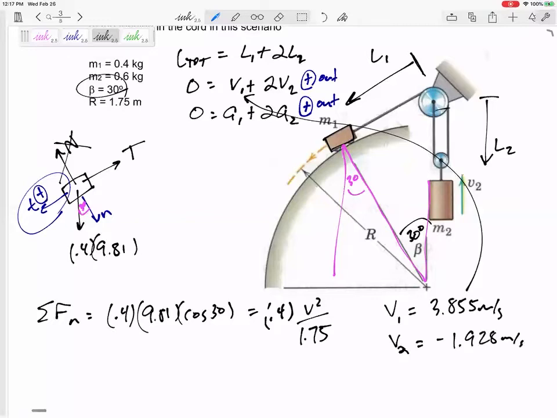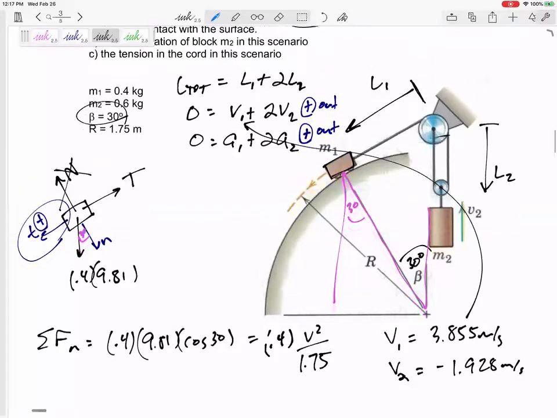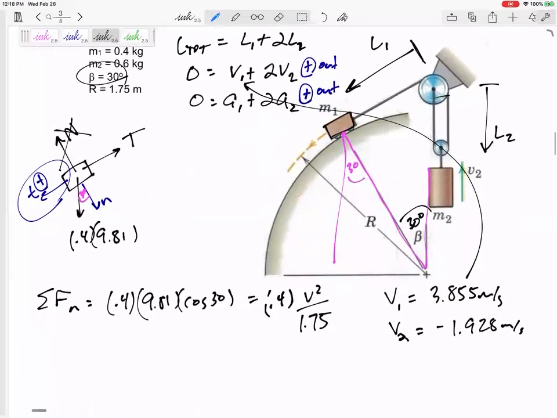What does that negative mean? It just means inward. It would be up, which is what it was asking for, the upward speed. So 1.928 is the speed of block 2. All right, but let's keep going and answer some of the other questions.